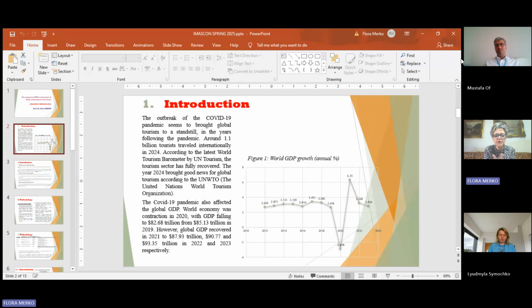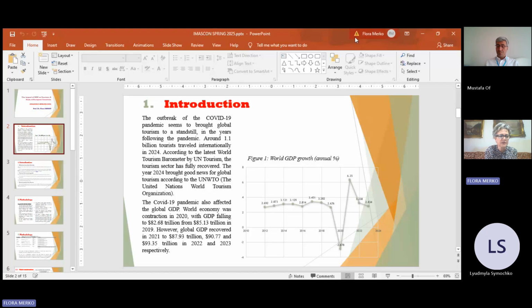However, global GDP recovered in 2021 to $87.93 trillion, and after that in 2022, and 93.35 in 2023 respectively.